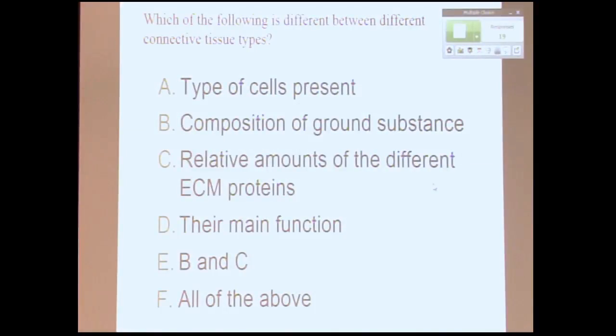All right, so the answer to this one is F. So it's all of them. First off, type of cells present. May not be something I went into too much, but there are different kinds of fibroblasts, and they make different amounts of ECM. You might have one fibroblast that makes tons of collagen, you'd find it in the dense regular.